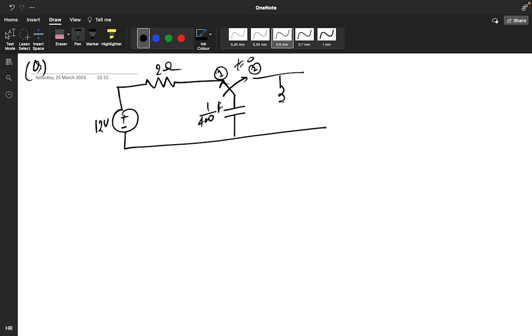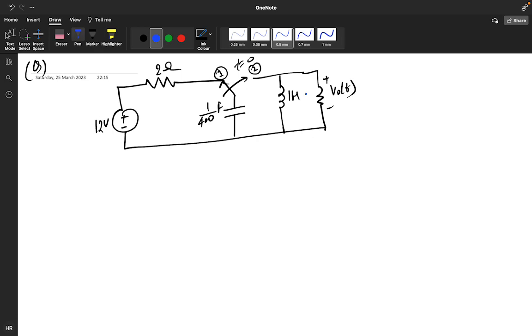And this is your 1 Henry inductor, and this particular is positive negative v naught of t. So by Laplace transform, if you want to solve this question, how will you solve? Because the combination is inductor and capacitor and inductor, so you cannot do it with the normal method. So here you have to take the help of the Laplace transform.